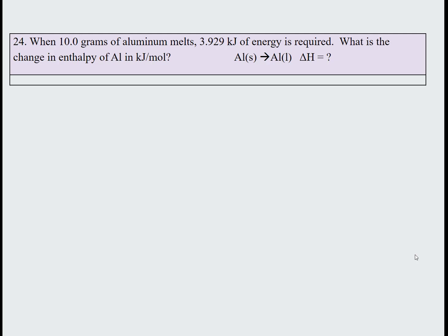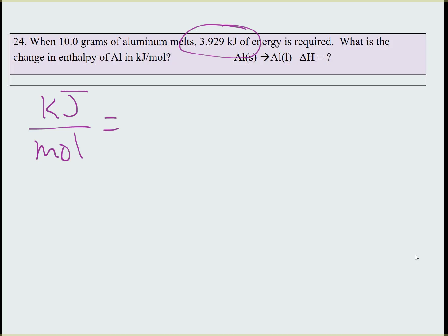All right, let's look at this next one. So when 10 grams of aluminum melts, it gives me how many kilojoules of energy is right there. And it says, what is the change in enthalpy in kilojoules per mole? So I know that my formula is kilojoules per mole. Anytime it asks for kilojoules per mole, that's my formula, okay? So I already have my kilojoules.